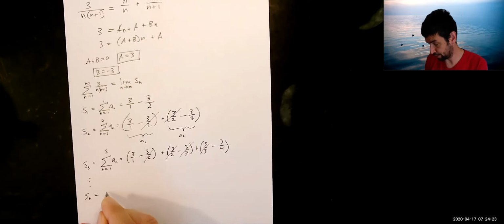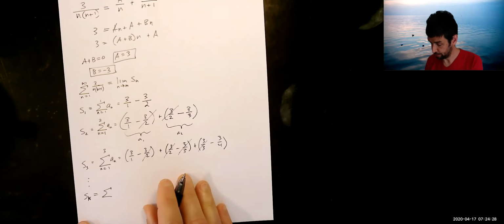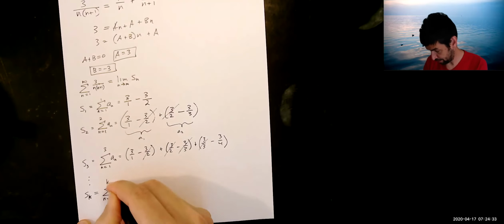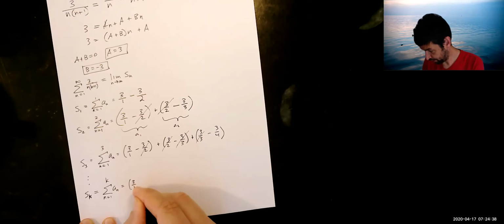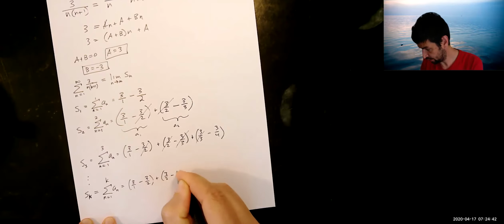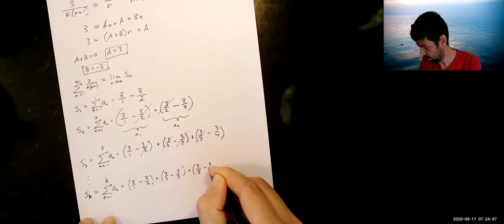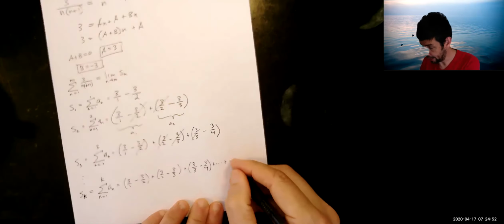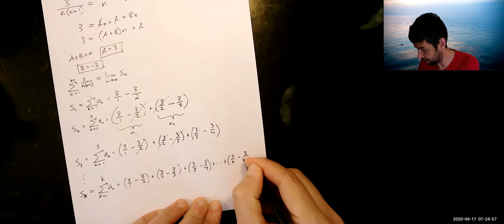The kth partial sum, since I'm using n to index here, up to some number k, I'll get all these same terms, dot, dot, dot, and I'll stop when I get up to 3 over k minus 3 over k plus 1.